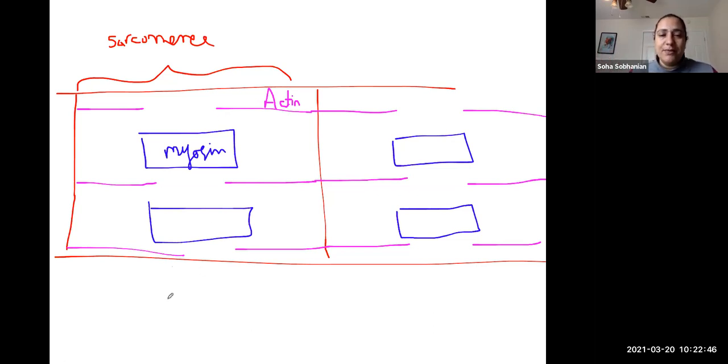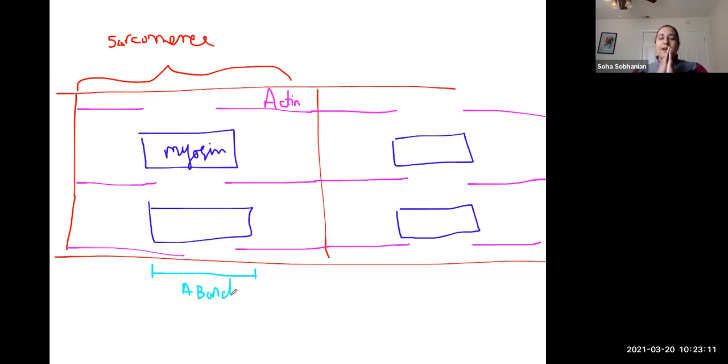Here are some of the names you need to know. From here to here is the length of my myosin. This area is called the A band. There's a description for it in your PowerPoint, I just don't want to move away from this slide.